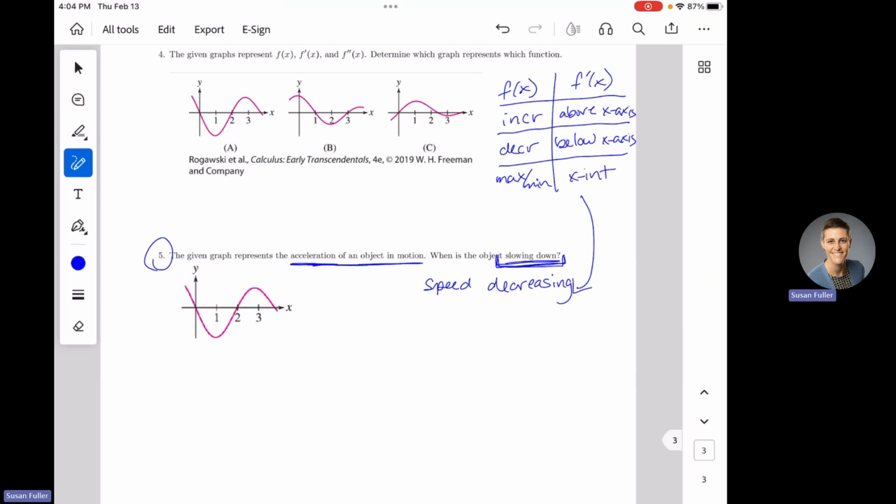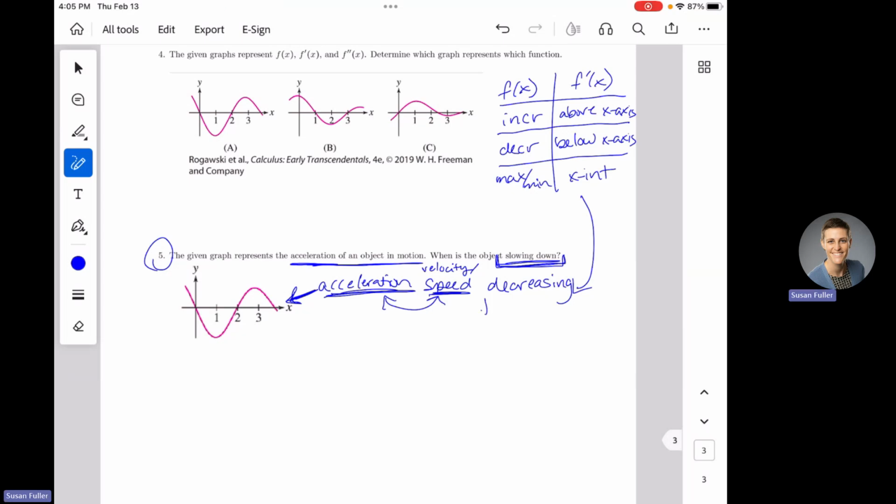But this isn't a graph of speed. This is not velocity. This is acceleration. So to answer this question, I have to figure out the connection between speed or velocity, because speed is just velocity without the direction, and acceleration. Acceleration is the derivative of speed.